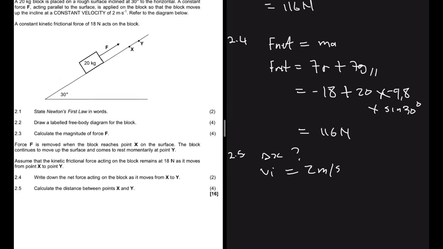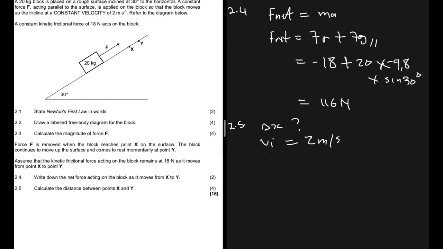Another variable we can extract is acceleration. We can say that F net equals MA, right? And now we know what F net is. F net is minus 16 newtons. This here was supposed to be minus 16 newtons because F net is opposing the motion.